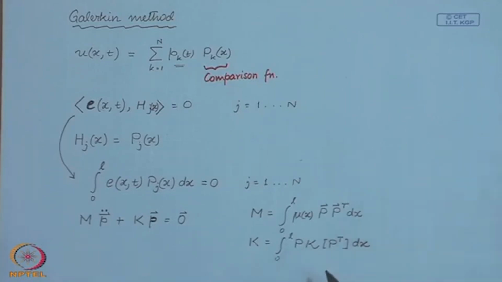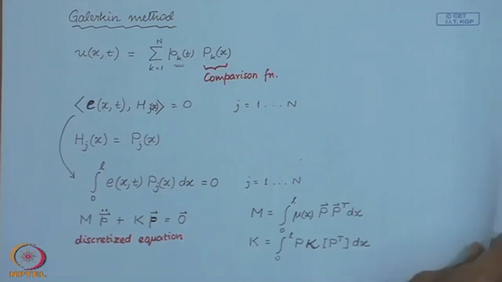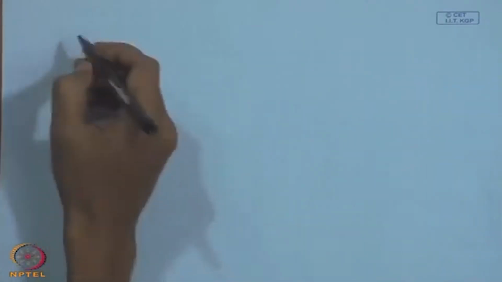So, this structure, so this is again, we obtain the discretized equation of motion of the system. Now, let us look at this example once again.